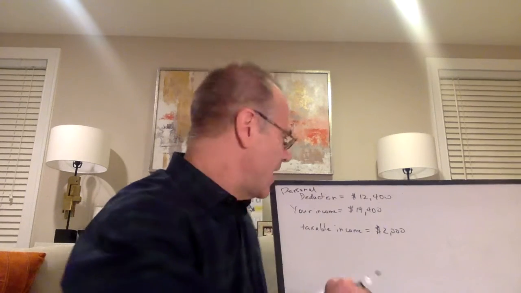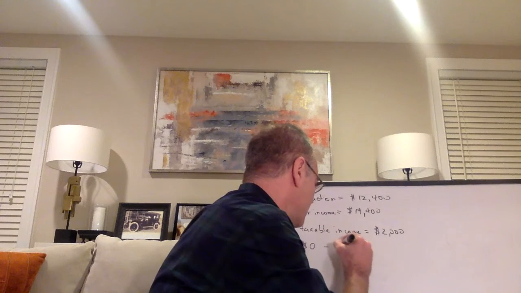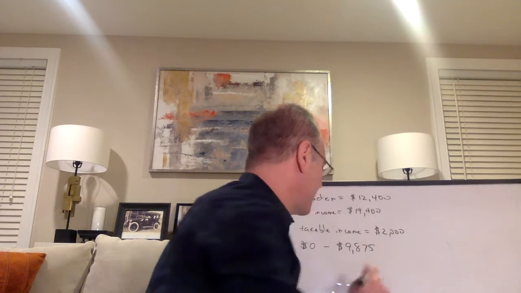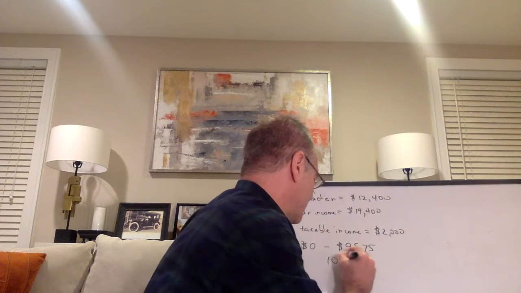Now the rules are that after you take your personal deduction, the first 0 to $9,875 is taxed at a rate of 10%.